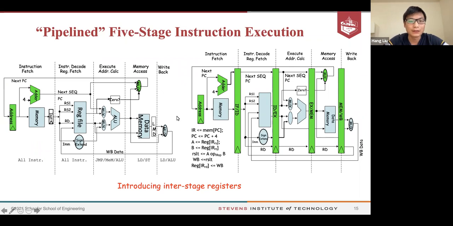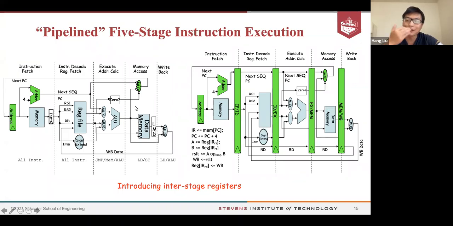Okay, so the left side showed us the 5-stage workflow of the instruction. You have instruction fetch, instruction decoding, execution, memory access, and write back. If we don't have the pipeline, it would be very weird that we always put the data from instruction fetch to the IF/ID register. And then when it goes to the end of instruction decoding, we also write the data in an intermediate register, right? If you remember, we have this IF, ID, EX, MEM, WB.